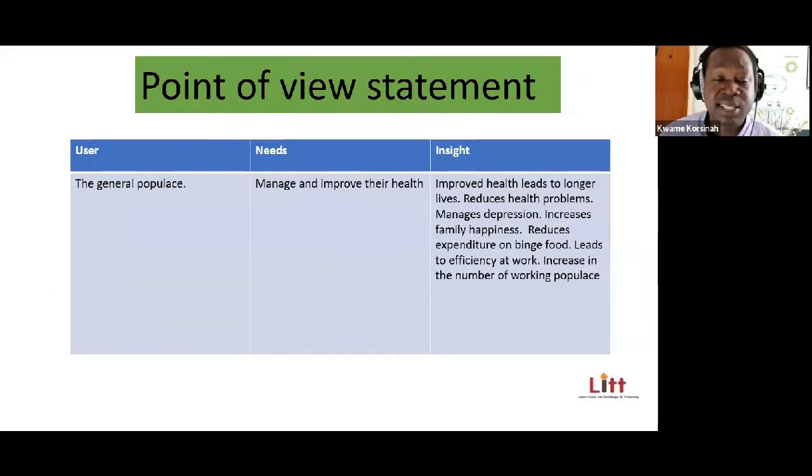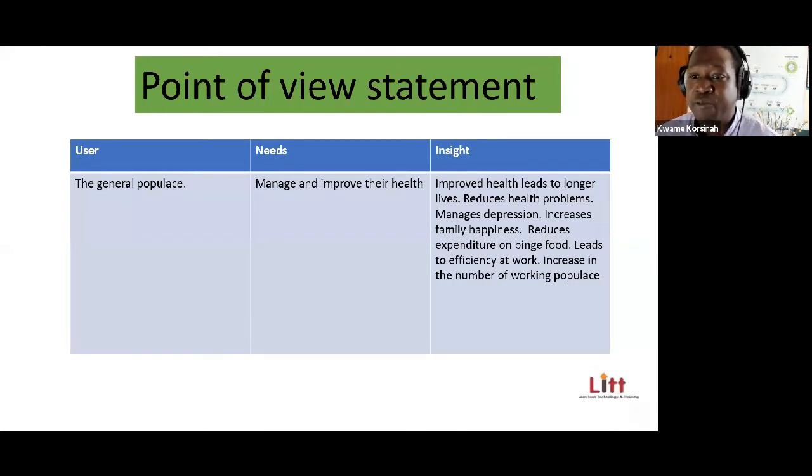And this is for the general populace. Let's say a government wants to encourage people to have healthy habits, and the user being the general populace. What's their needs? They need to manage and improve their health. What's the insight drawn from the first stages of empathizing and defining? Improved health leads to longer lives.